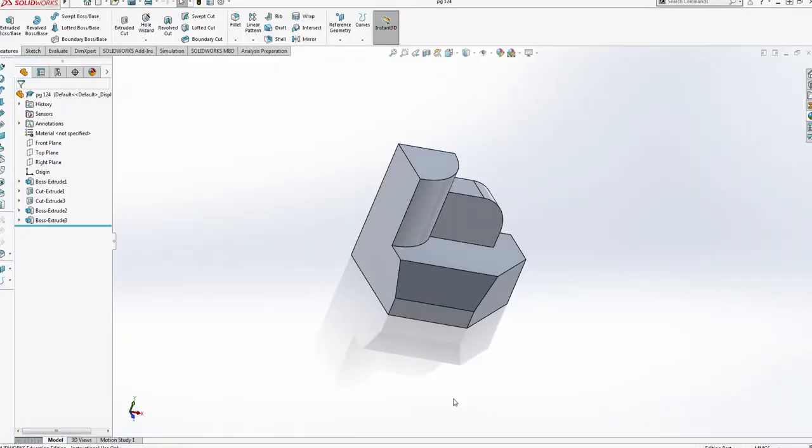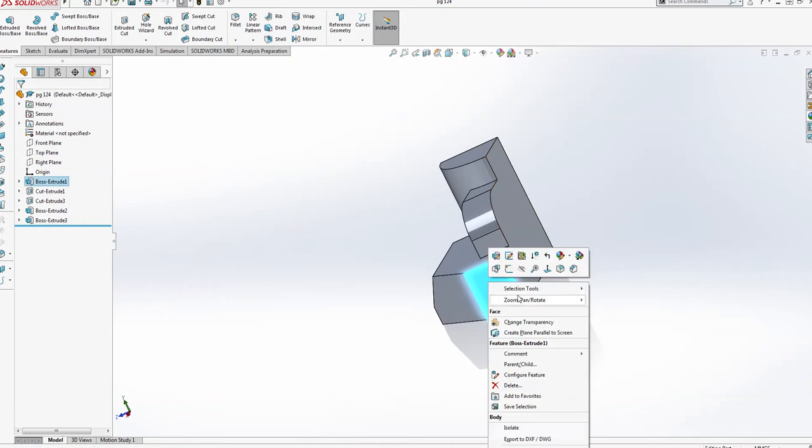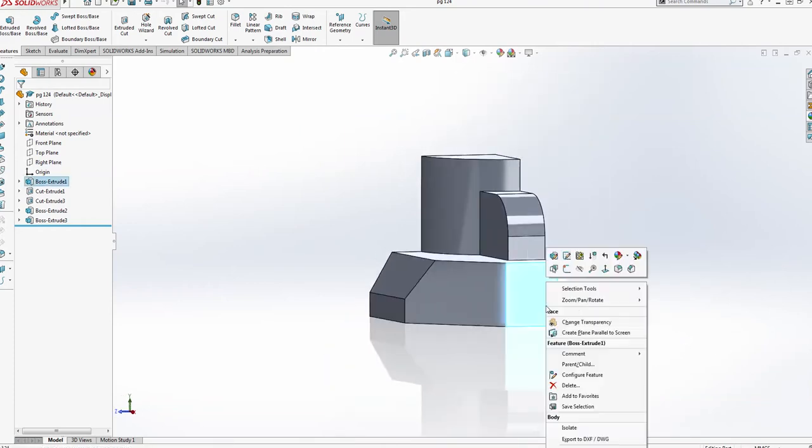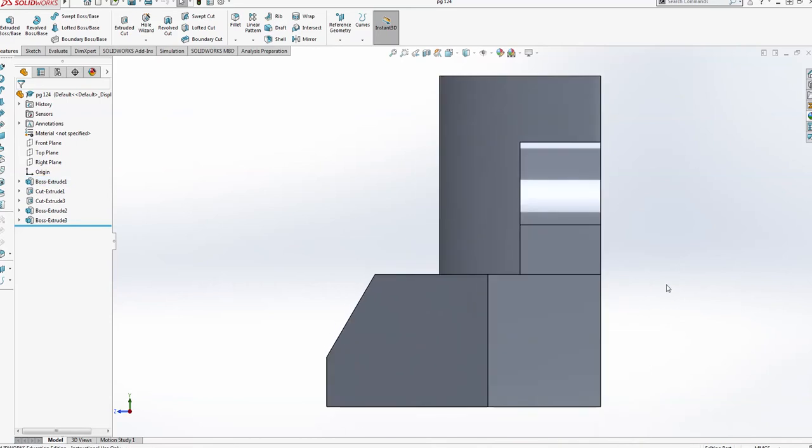So if we go over here to our SOLIDWORKS, our end view is going to be looking straight in at this section. So we're going to see something along the lines of this. Back to our drawing.